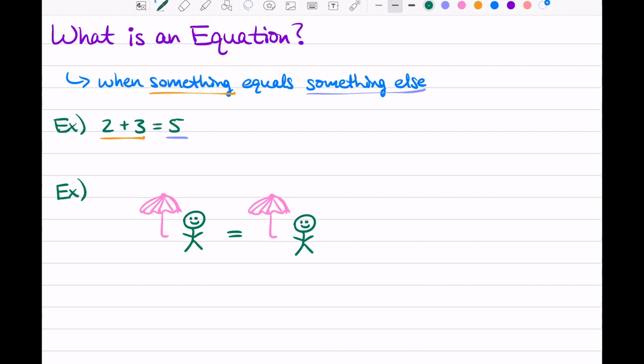Well, what if the guy on the left wants to wear a hat? The left side looks different than the right now. That means to make both sides equal, this guy needs a hat.